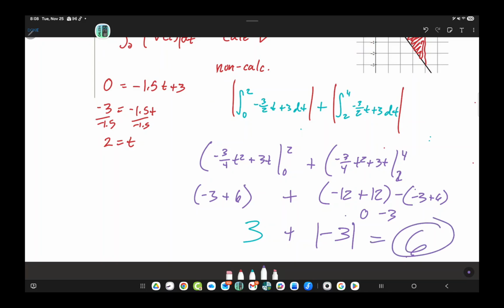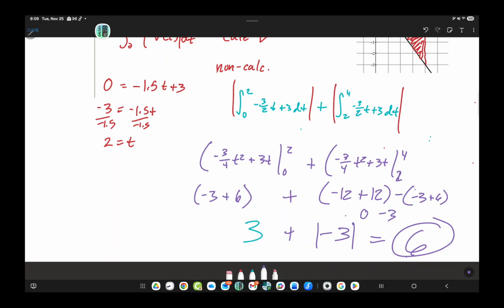Now again, we could have just looked at this nice linear function. We could have just graphed this, found the area of the two triangles, and added them together, and that would have been fine. But you're not always going to be given a linear function. If you have to do this by hand, we're preparing you for the hardest possible scenario, which is you're not given a graph and you don't know anything about this.